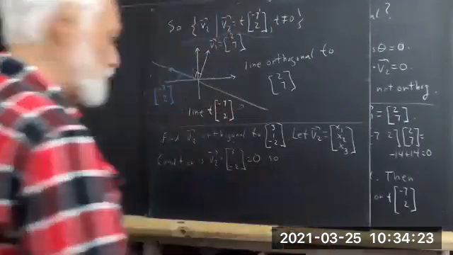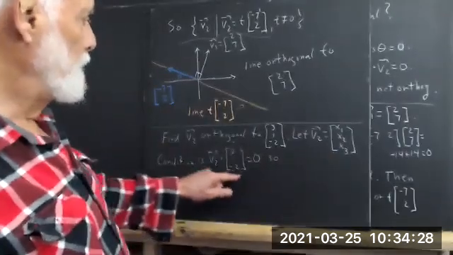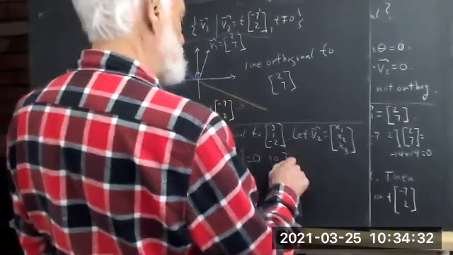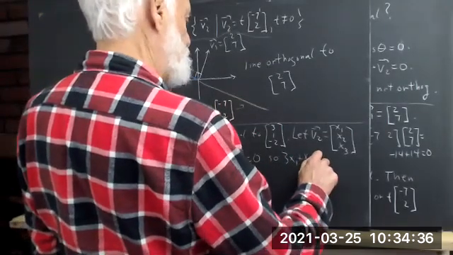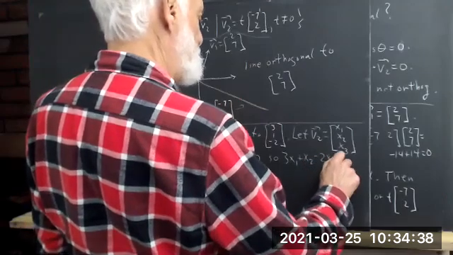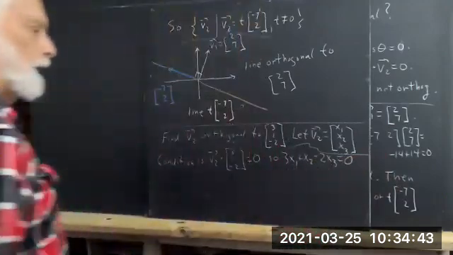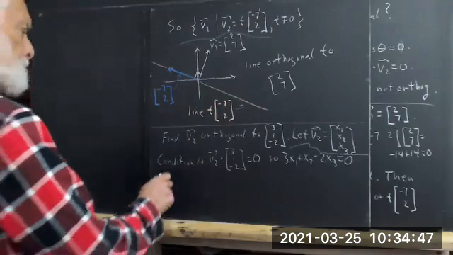Now, without writing out all the details, it's obvious that V2 dot this is 3x1 plus x2 minus 2x3. And that has to be 0. Well, now you've got two free variables.